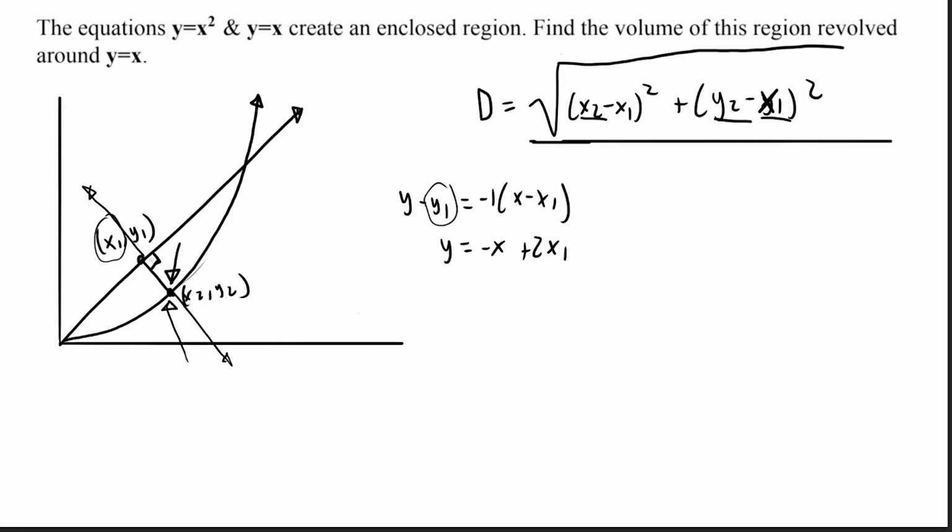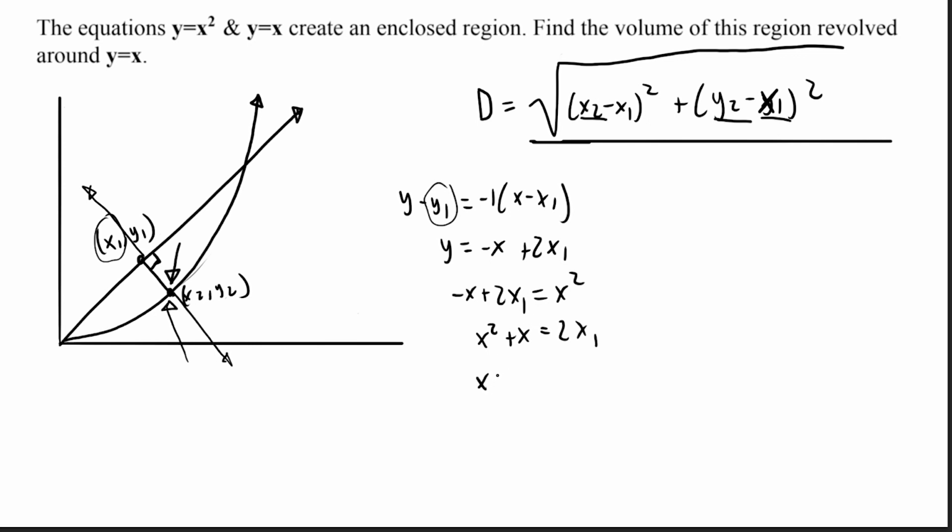What we can do is set this equation equal to the curve y equals x squared, and this will give us x2. So we have negative x plus 2x1 equals x squared. Let's move the x's to the same side. We have x squared plus x equals 2x1. Now we're going to do some completing the square.